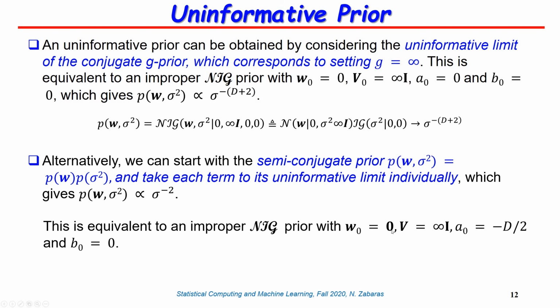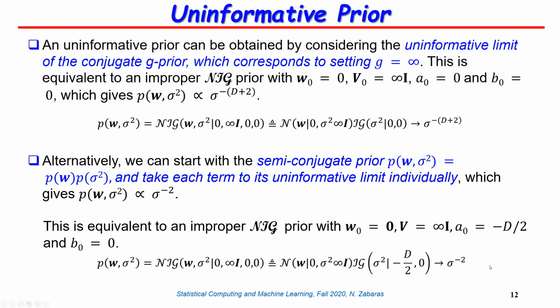You can take W0 to be 0, V0 to be infinity, and then you have to make the weird choice of A0 equal to minus d over 2 and B0 equal to 0. If you plug all of this into your conjugate prior, you do discover the 1 over sigma squared joint prior of W and sigma squared that we have seen before.